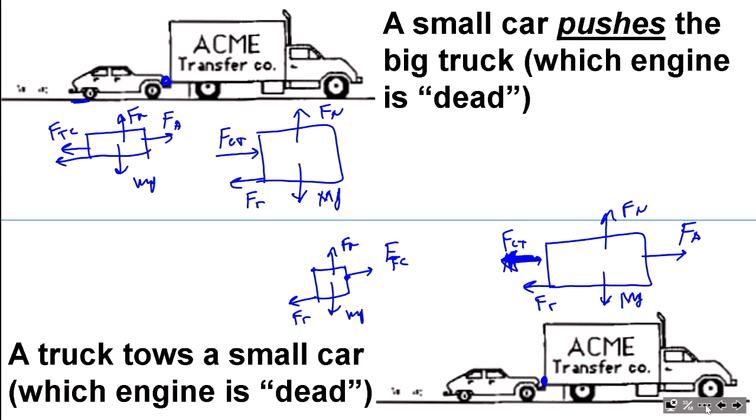But Newton's third law tells us that the force acting from the car on the truck and the force acting from the truck on the car should be opposite to each other. So if we know for sure the force acting from the truck on the car should point to the right, because that's the only reason it might travel to the right, as they couple together, that means the force acting from the car on the truck should point to the left.